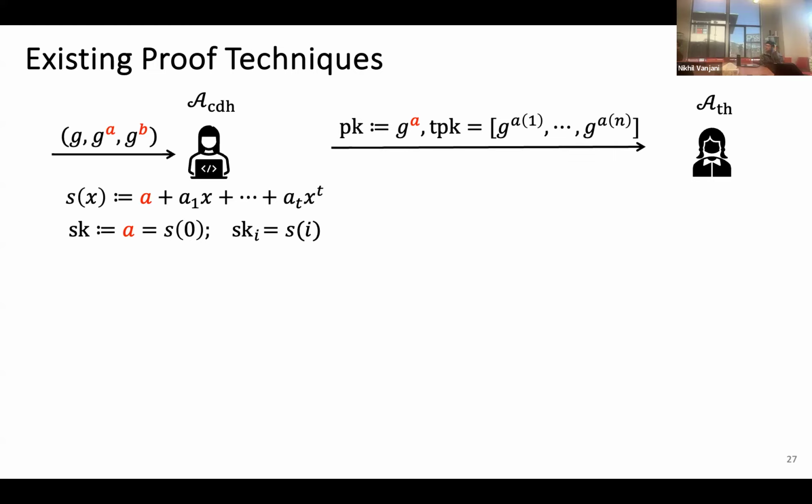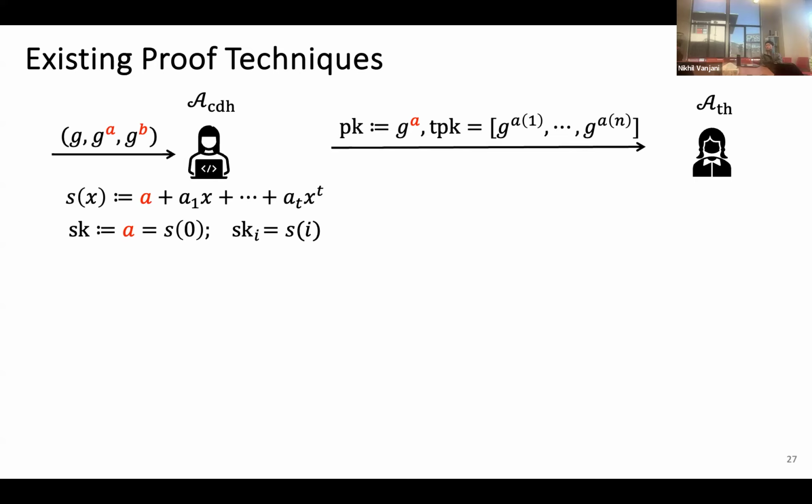It will then interpolate the polynomial using these as evaluation points. When we think of polynomials, we think of first sampling coefficients and then computing the polynomial, but CDH will do this step in reverse. First, it samples t evaluation points. And then there's one evaluation point that it knows in the exponent, which is s(0).